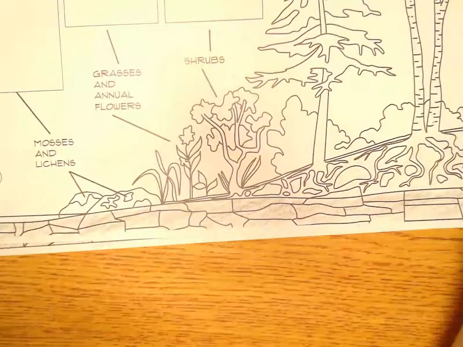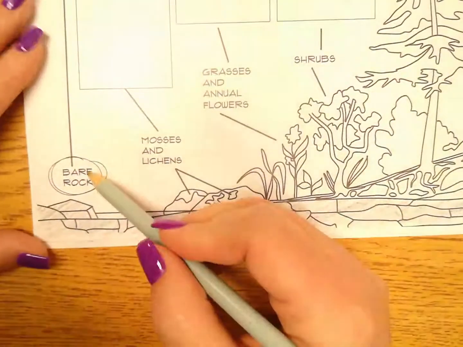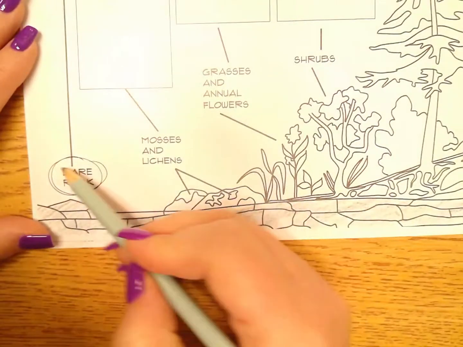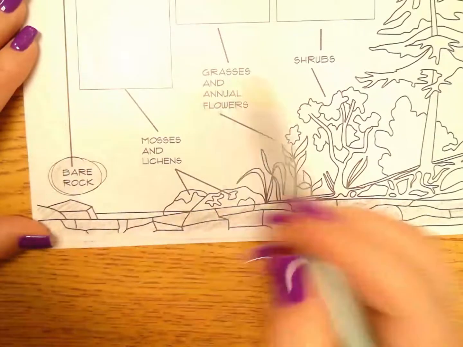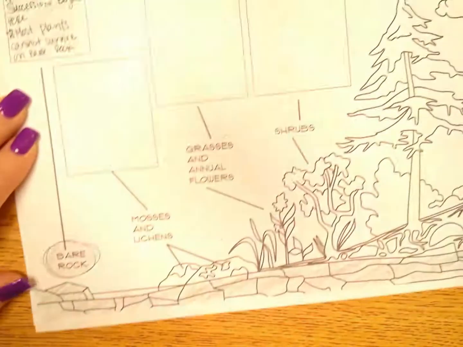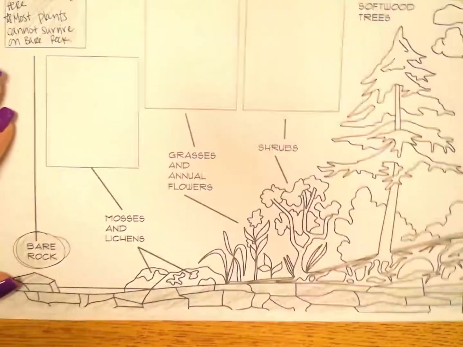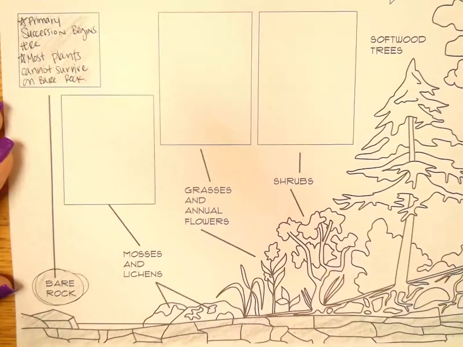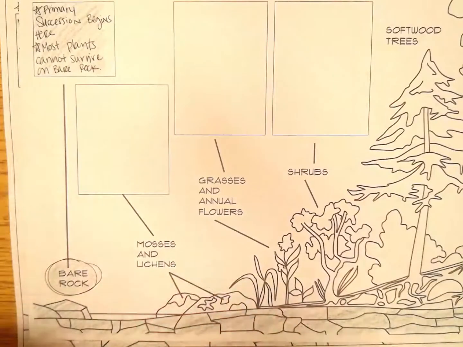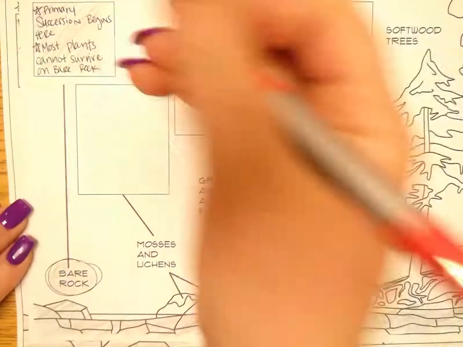Now that bare rock, a lot of things can't grow on it, but it's still getting weathered from wind and water, maybe ice, right? And so over time, we start to see some pioneer species.